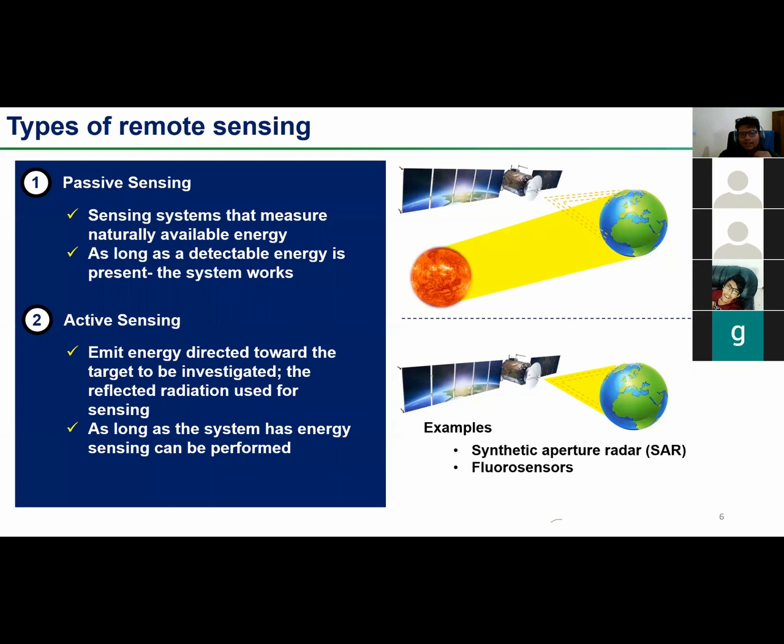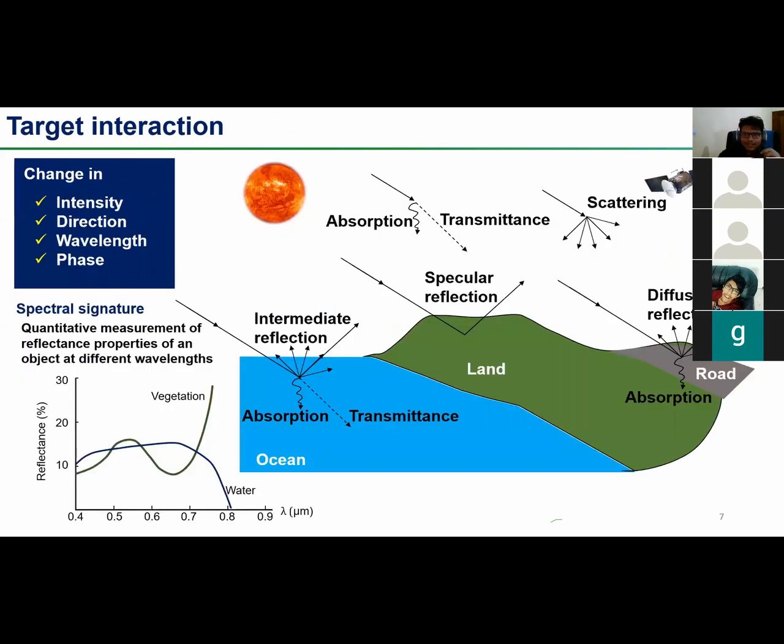Now, why we talk about that is that each object has its own different types of target interactions with electromagnetic radiation. It depends on the intensity of your energy, the direction and the wavelength, and also the phase of the signal.